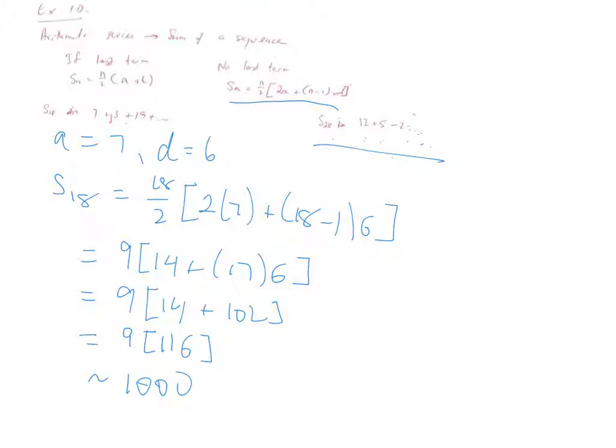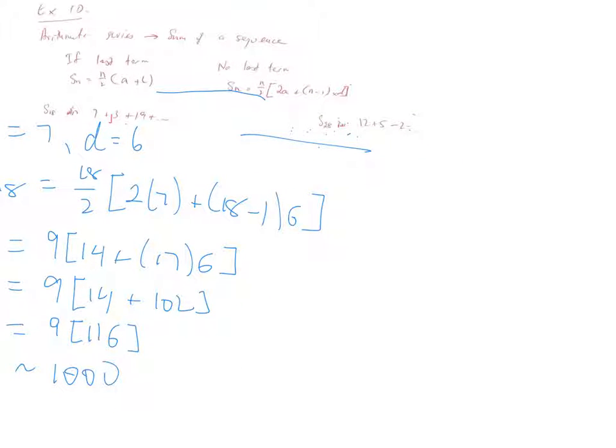So we'll write this as S of 28 equals 28 over 2, 2 times 12, plus, I'm running out of room, n minus 1, so 28 minus 1, and we multiply that by our common difference.